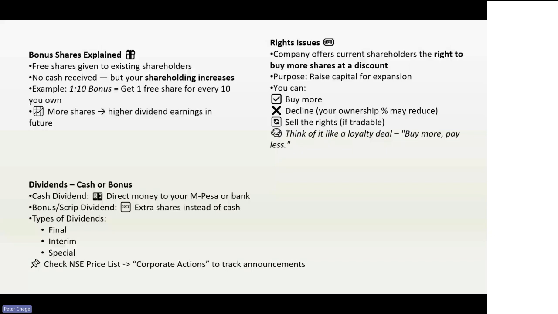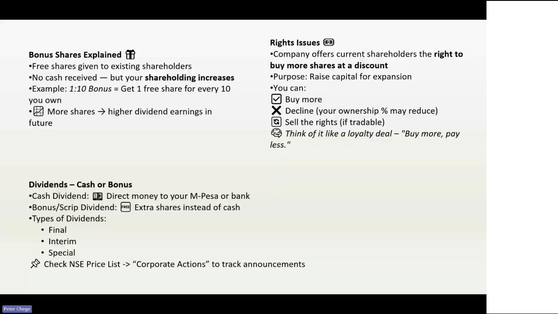You don't receive cash, but your shareholding increases. A good example, get 1 free share for every 10. So you get more shares, and if that counter declares a dividend next year, you get more dividend, maybe in form of cash that time, or even as a bonus.